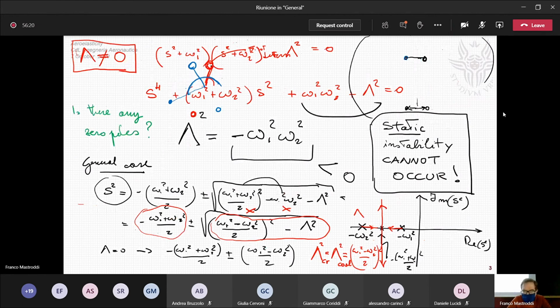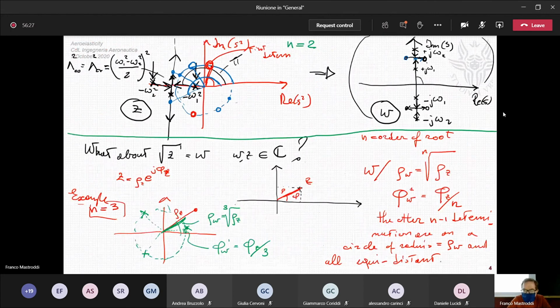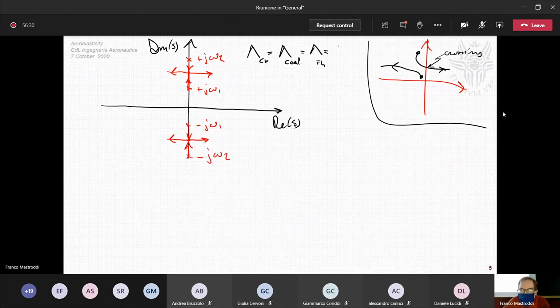This flutter limit is just this quantity here, okay? And you can see that in this case, this quantity is omega 2 minus omega 1 to the power 2 divided by 2, and this is the critical value of our discussion. Okay?